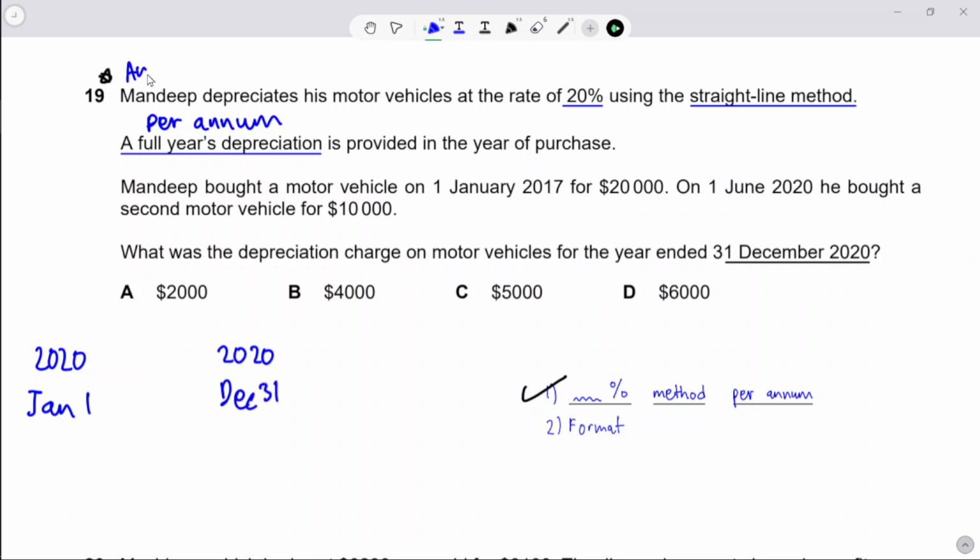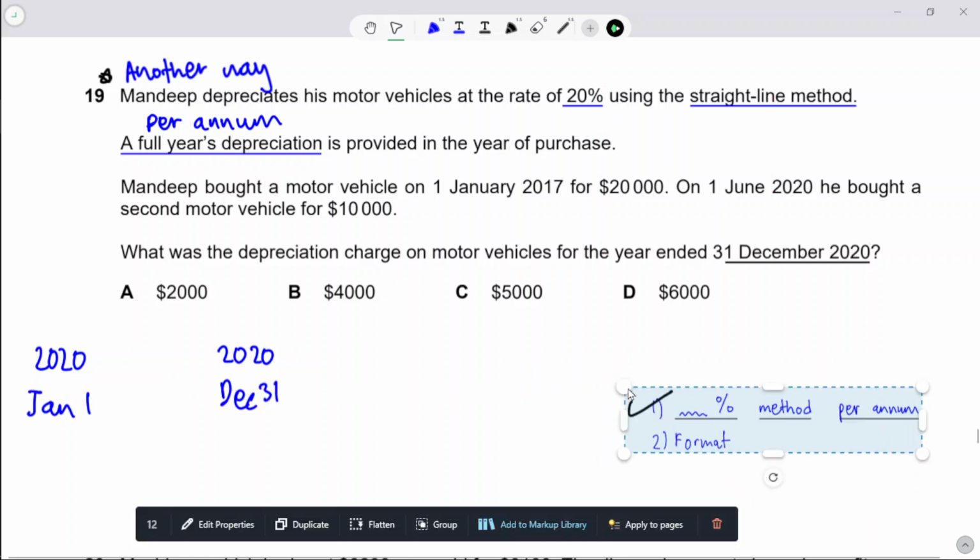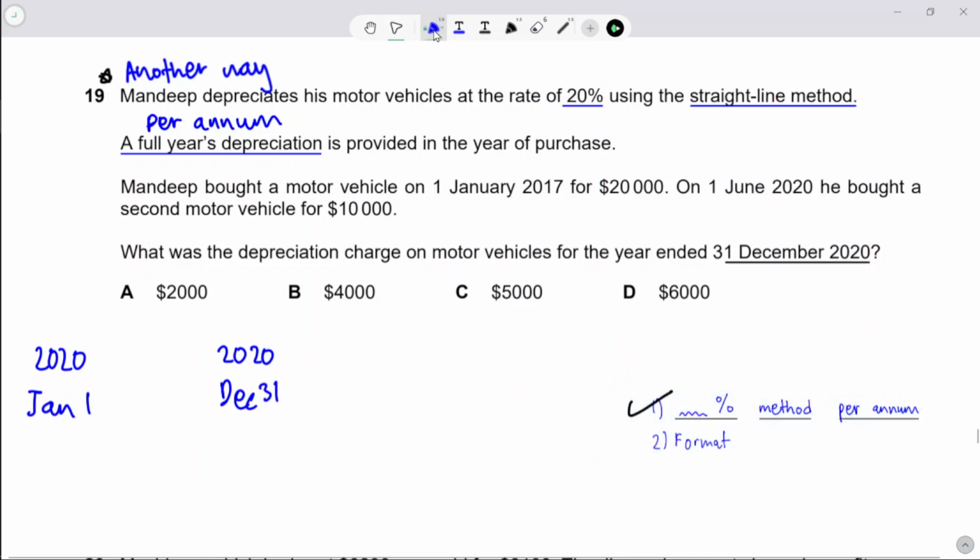This one you use another way we do. Okay. So this one is using straight line. So the tips will be C year end.